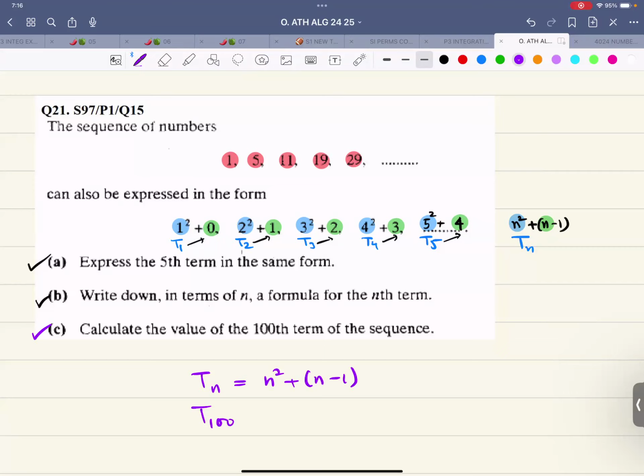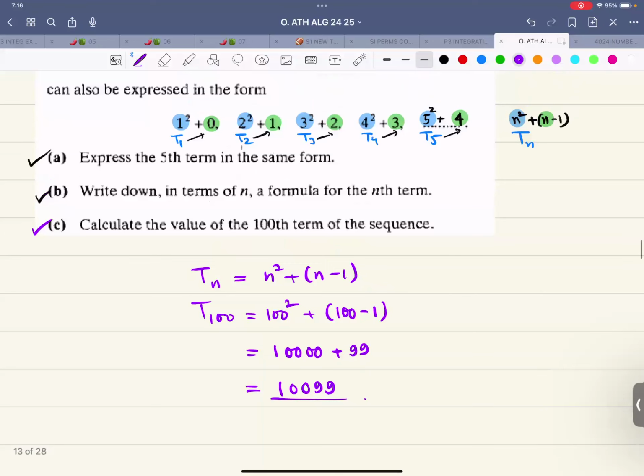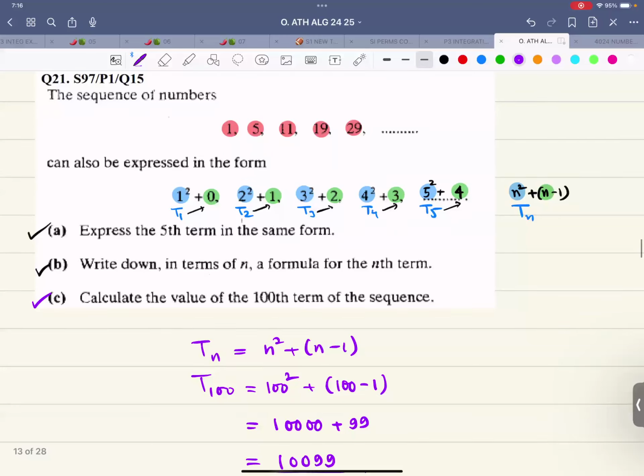Therefore, T100 should be 100 square plus 100 minus 1. 100 square is 10,000, and 100 minus 1 is 99. Therefore, the answer is 10099. That is the answer for this particular part. That is how this particular question is done.